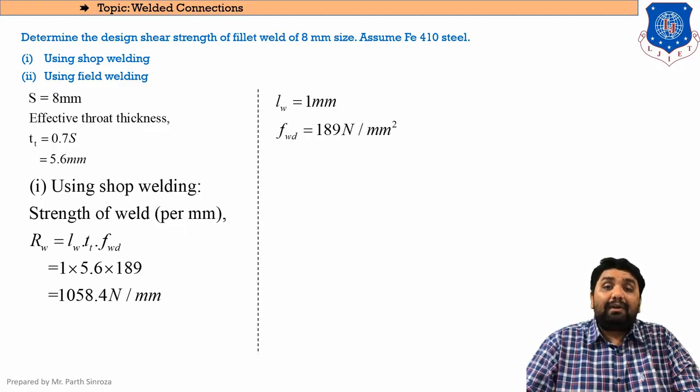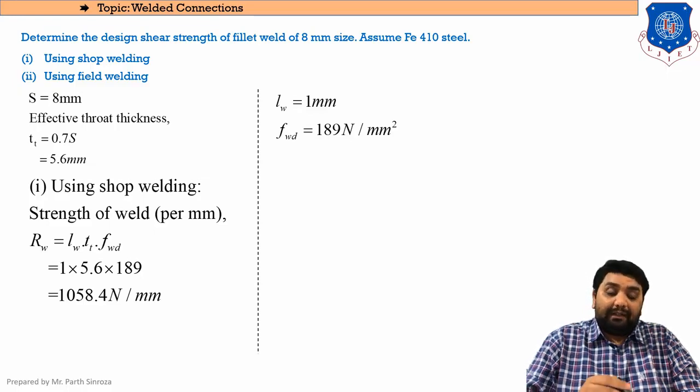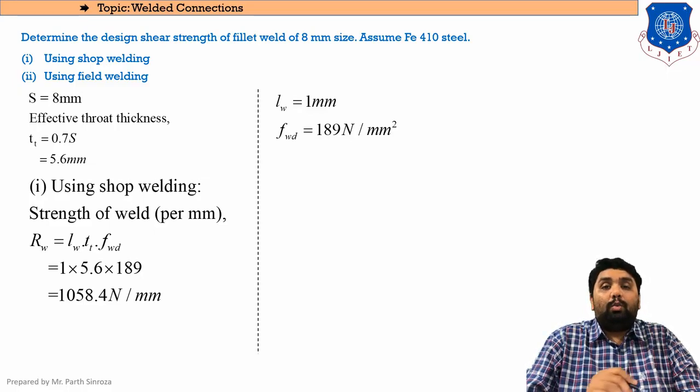So we are finding the strength per mm. We are not finding the total strength or total load. If we are finding the total load, then we would have multiplied it by total length. Clear? Here the total length is not our concern, so we are just finding the total strength per mm. So as we are finding per unit mm, we are taking Lw equal to 1 mm.